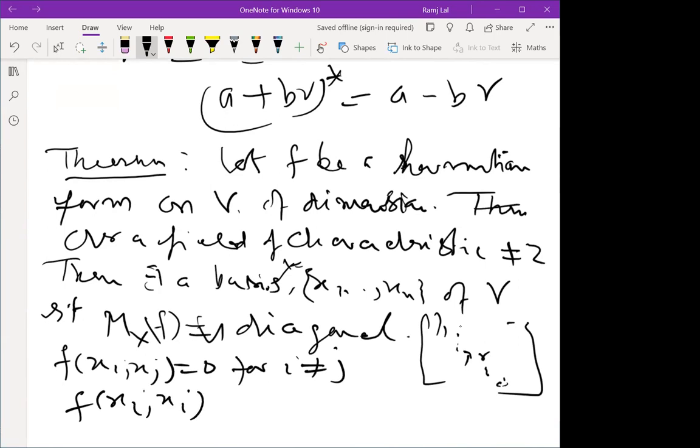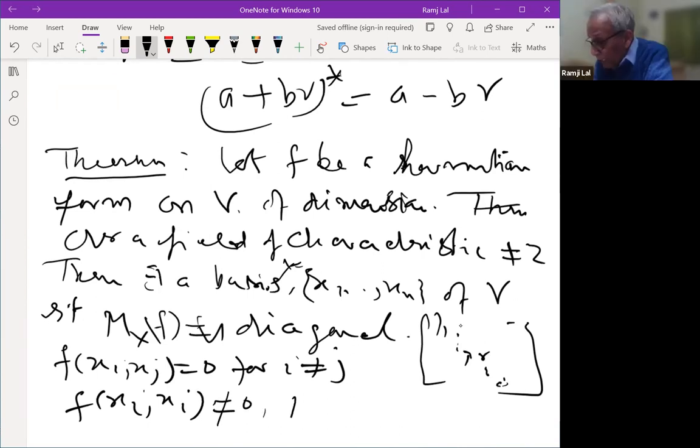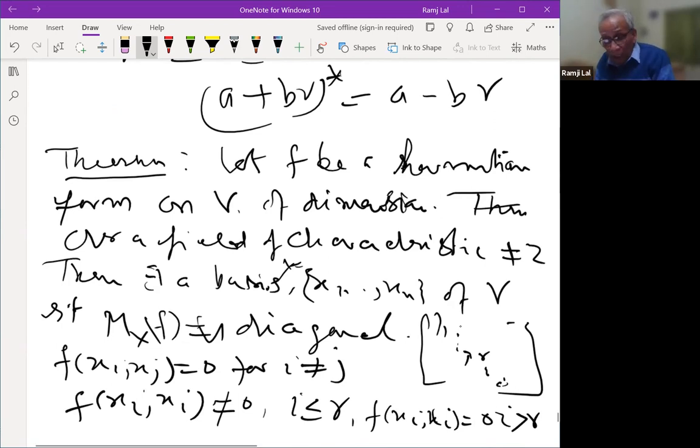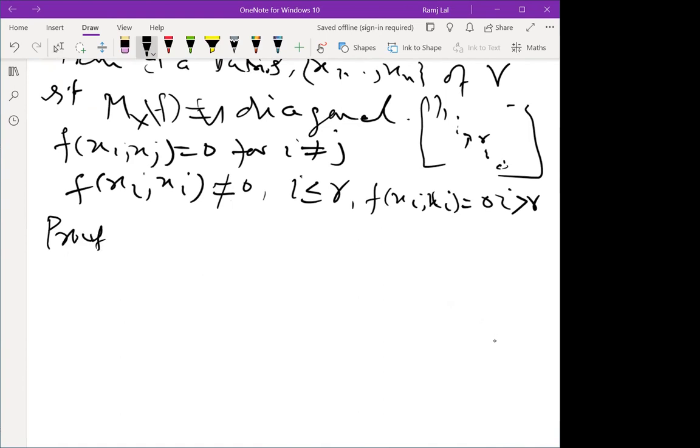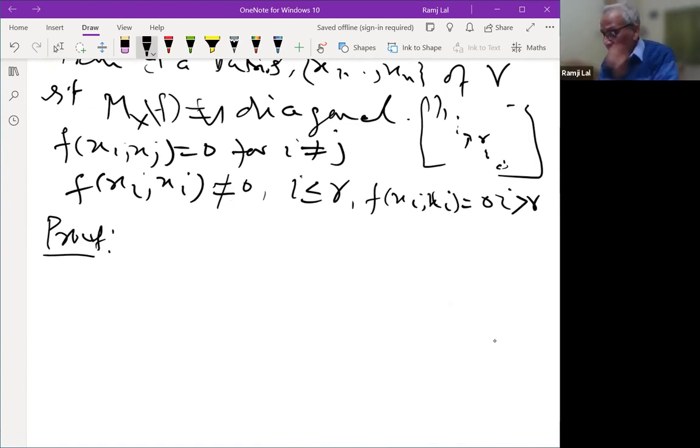So f(xi, xi) is different from 0 for i less than or equal to r, and f(xi, xi) is equal to 0 for i greater than r, where r represents the rank of this form. So this is the result, and indeed we observed the proof for the symmetric case, and we can imitate the same kind of proof here.